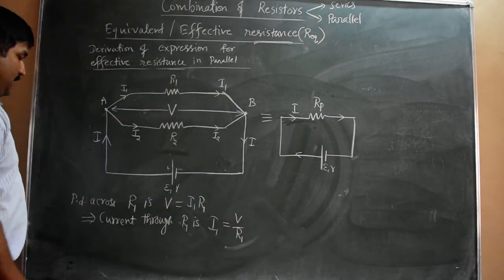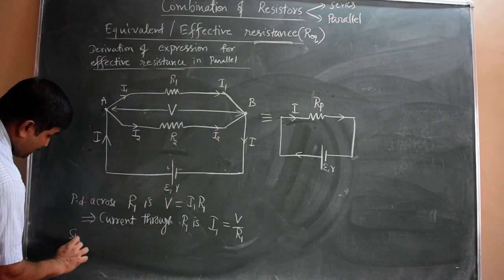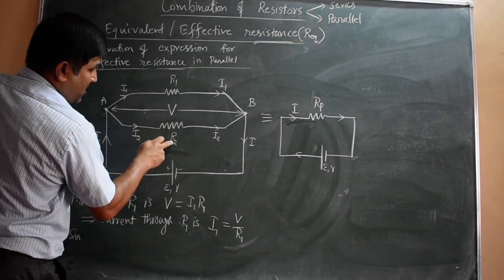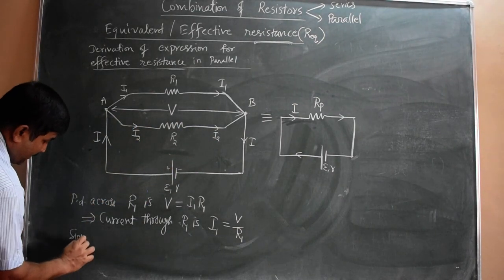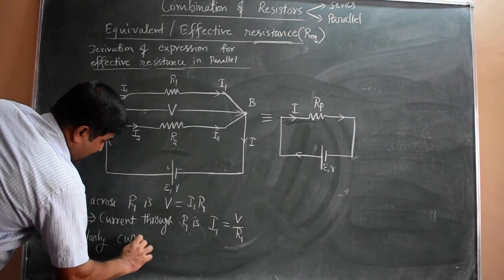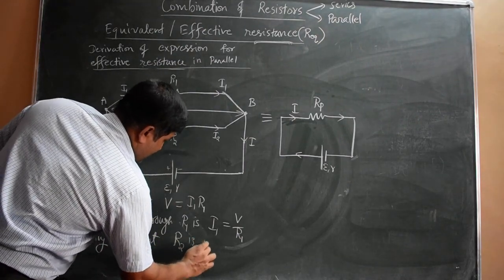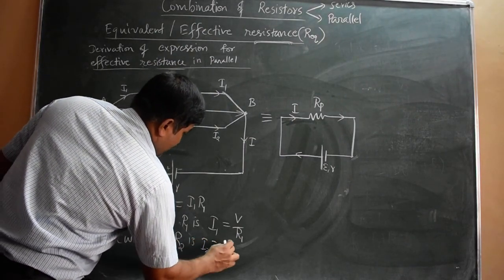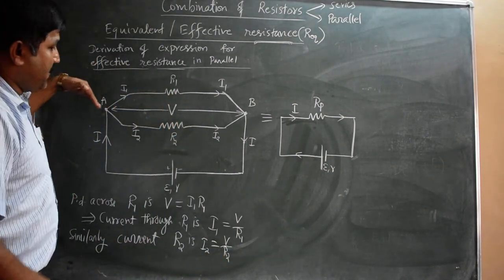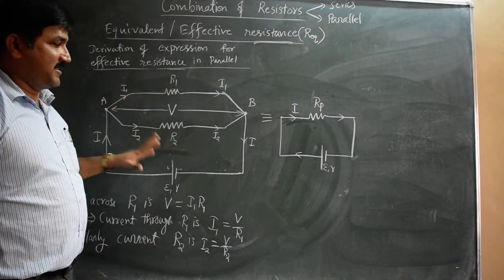Similarly, the PD is the same for the second resistor also, so V equal to I2 R2. Hence the current through R2 is I2 equal to V by R2. That means the current in any branch of a parallel combination is inversely proportional to its resistance.